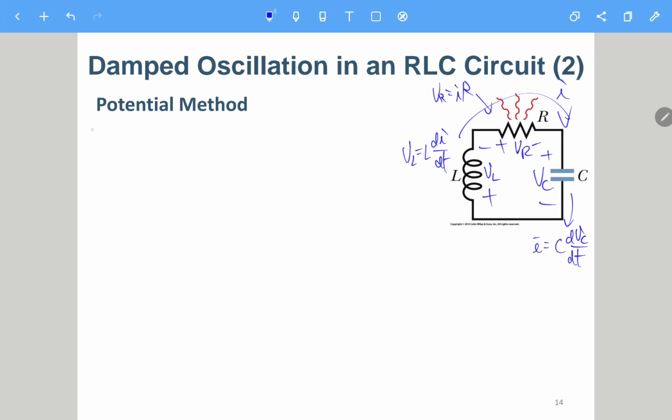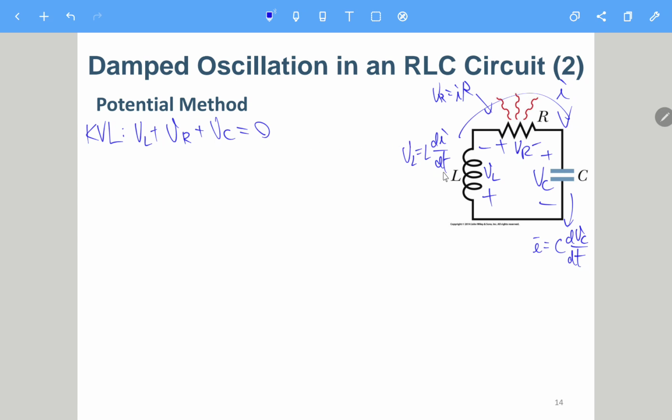So using the KVL, we can write VL plus VR plus VC equals 0. Yeah, because plus minus, plus minus, plus minus, which is like a voltage drop, voltage drop, voltage drop, going around a loop. Okay, so VL plus VR plus VC equals 0. Then we can try to change it to the same variable. Let's see how we can change it.